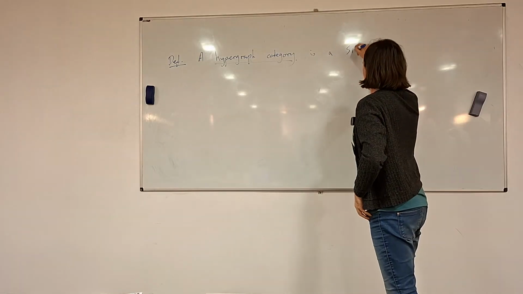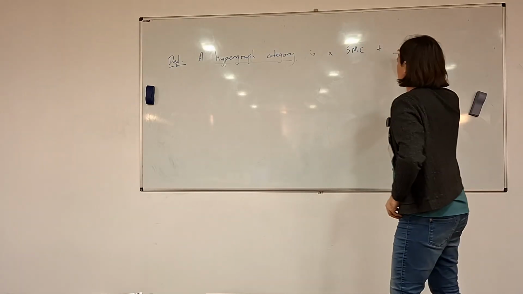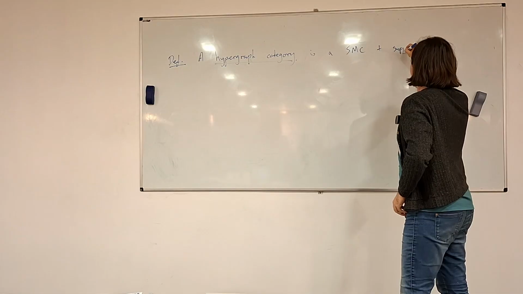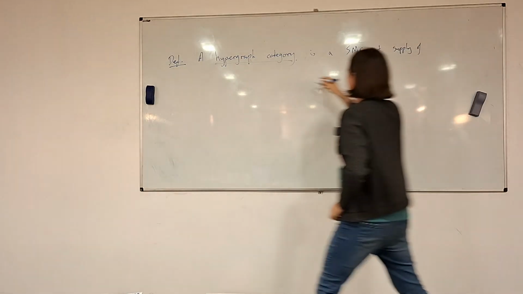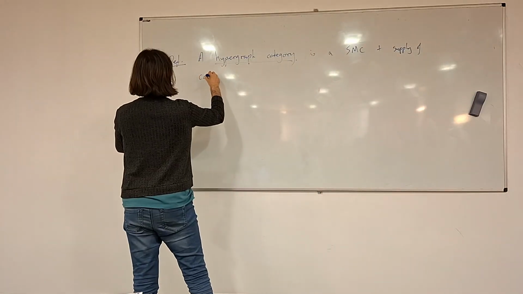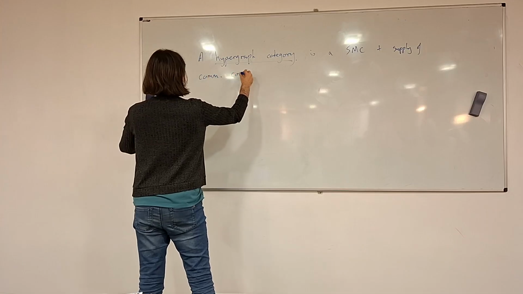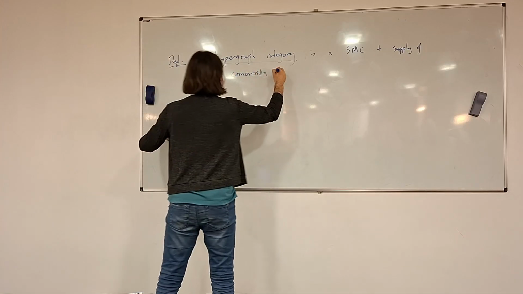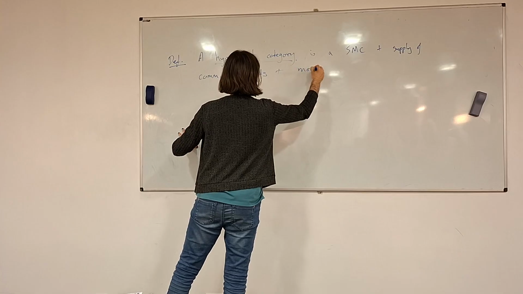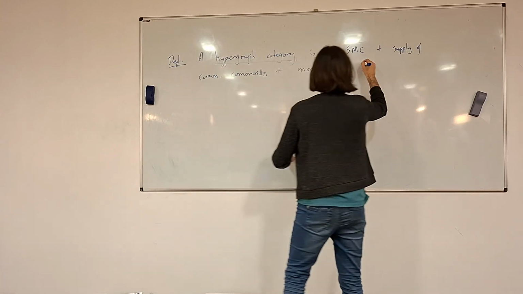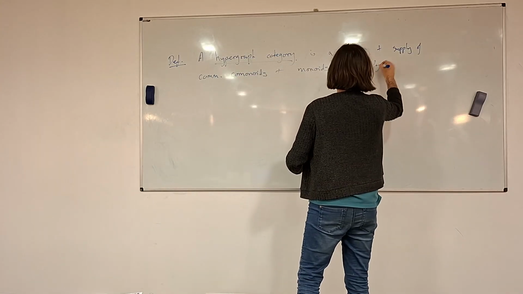So it's a symmetric monoidal category plus a supply of commutative comonoids and monoids satisfying some equations.